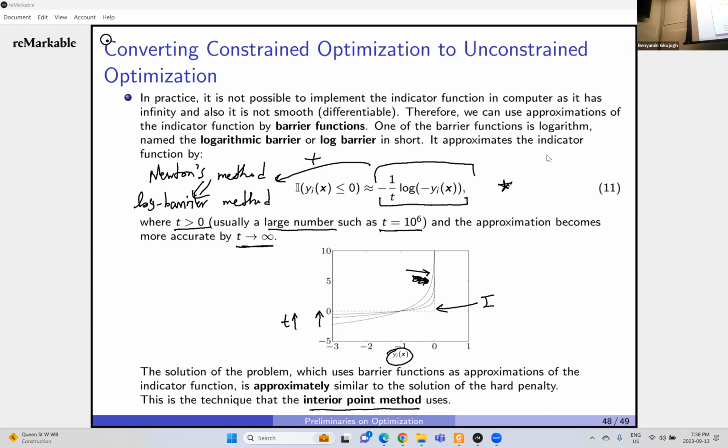Okay, so the question is, why don't we check every time whether y(x) is less than or equal to 0 or not? If you check it, it's kind of an indicator function. Also, in classical optimization, which is not in this course, sometimes we check, because it is iterative, in each iteration we check.